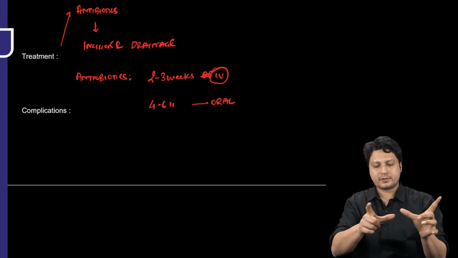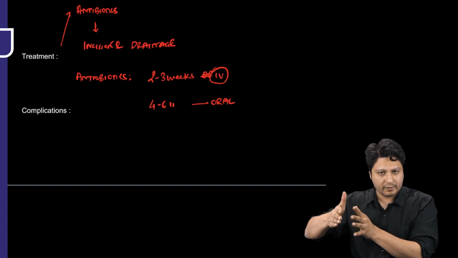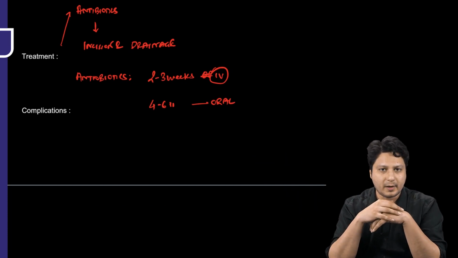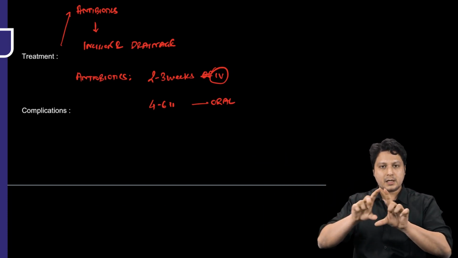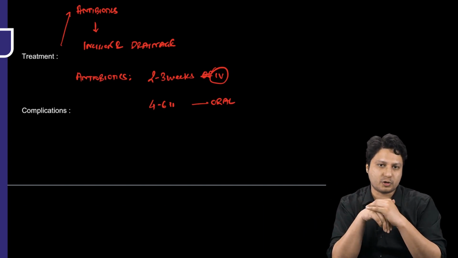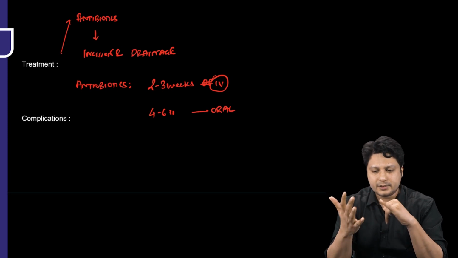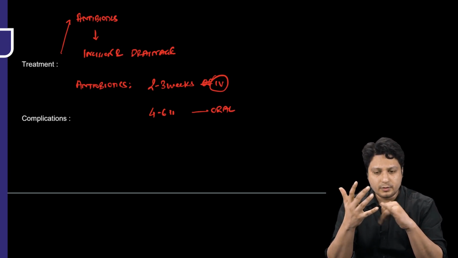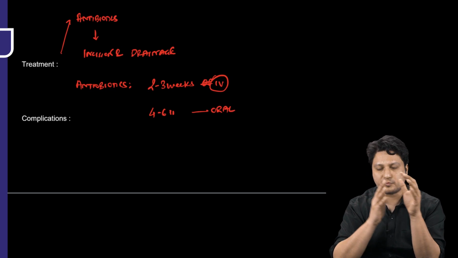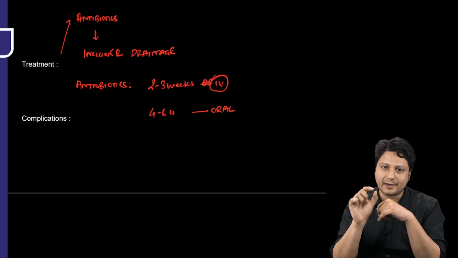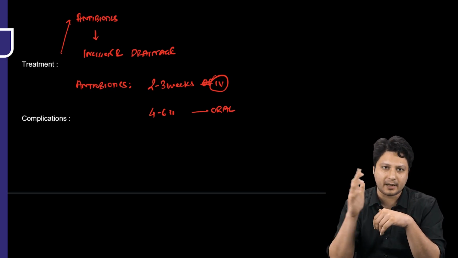All right. So first IV antibiotics for 2 to 3 weeks, and then switch to oral antibiotics for 4 to 6 weeks. That means the span of management of this acute osteomyelitic condition is long. You are treating a condition which might take around 6 to 10 weeks. That means 1.5 to 2.5 months of antibiotic or drug-related management.